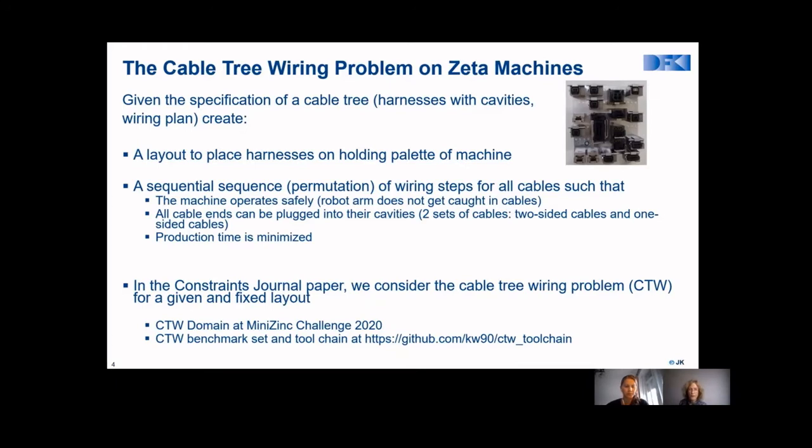We defined the problem in this paper, and the CTW domain was also submitted to the MiniZinc Challenge 2020, where several solvers worked on problems from this domain. For this domain, we also compiled a benchmark set and put together a rather elaborate toolchain to test and evaluate various solvers. Both can be freely downloaded from GitHub.